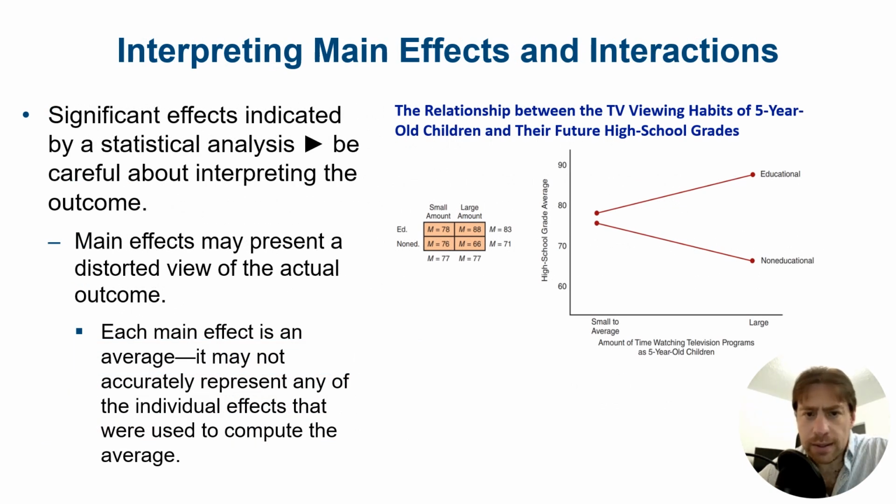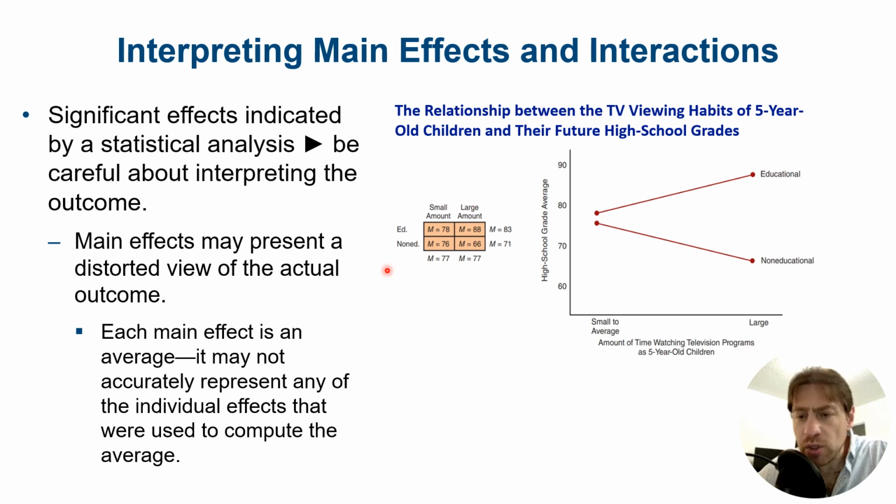So, when interpreting main effects and interactions, you have to be a little bit cautious. Let's consider this study plotted here, and here's the data matrix. This is a 2x2 design where what is being measured is high school performance, high school grades.